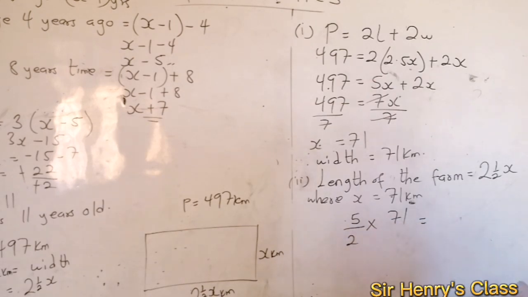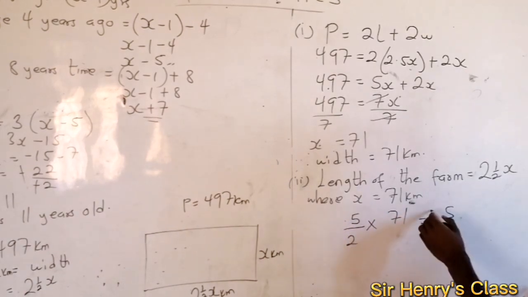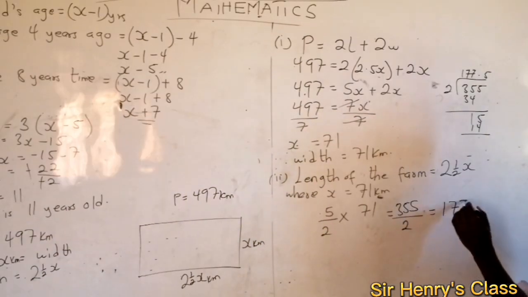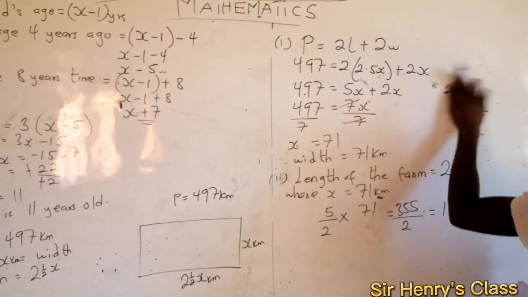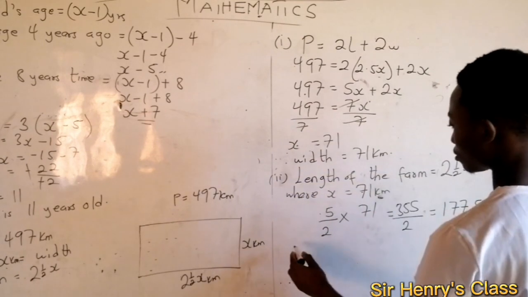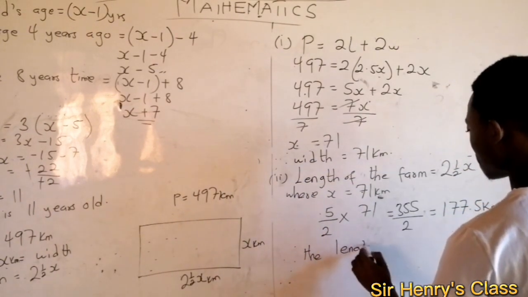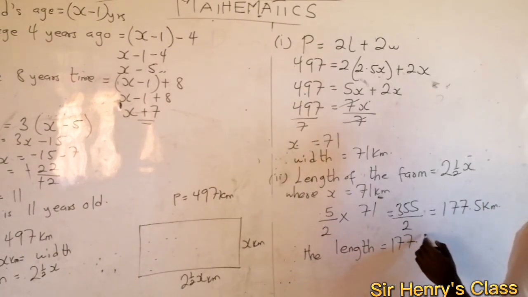Okay, so let's see. I multiply 5 by 71. 5 times 1 is 5, 5 times 7 is 35. Divided by 2. So it gives us 177.5 kilometers. Therefore, the length is equal to 177.5.